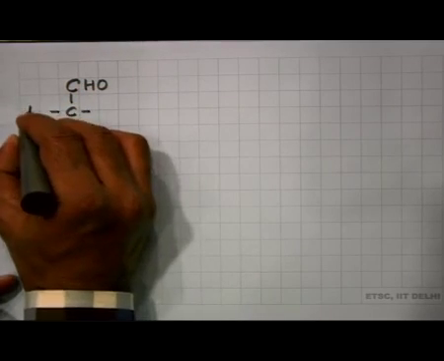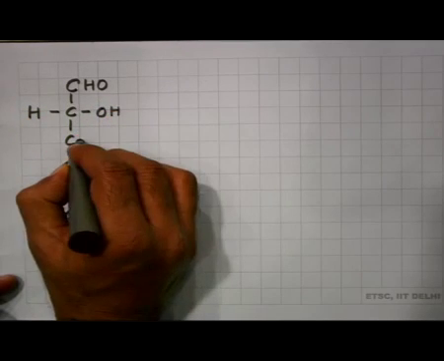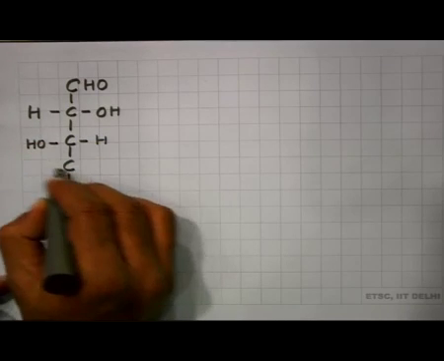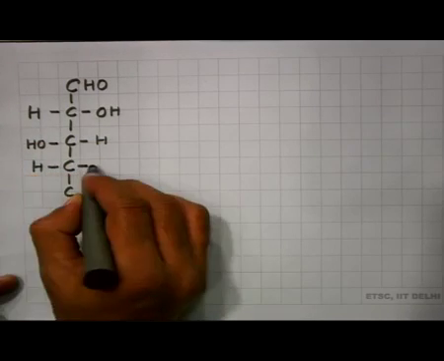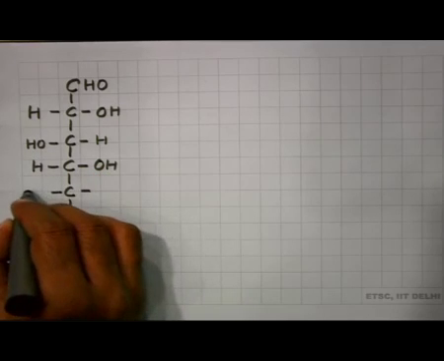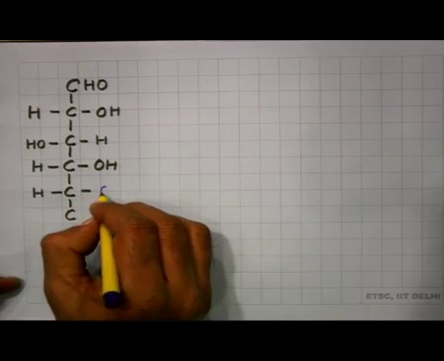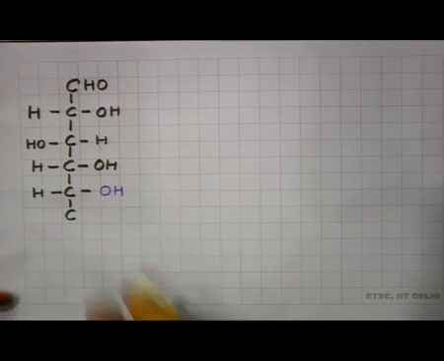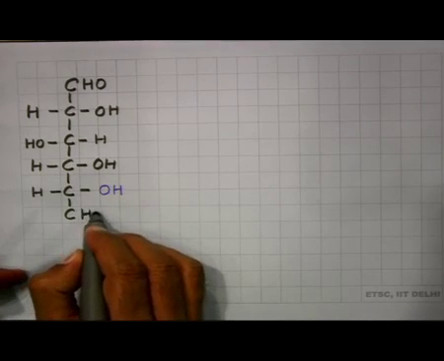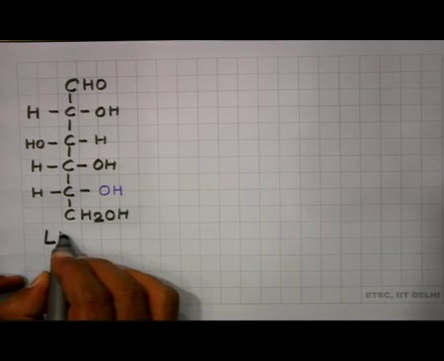When you remember the linear form of glucose, OH, here is H, OH, H, and at the 5th position H. This OH will take part in the formation of the ring. So, this is the linear form of glucose.